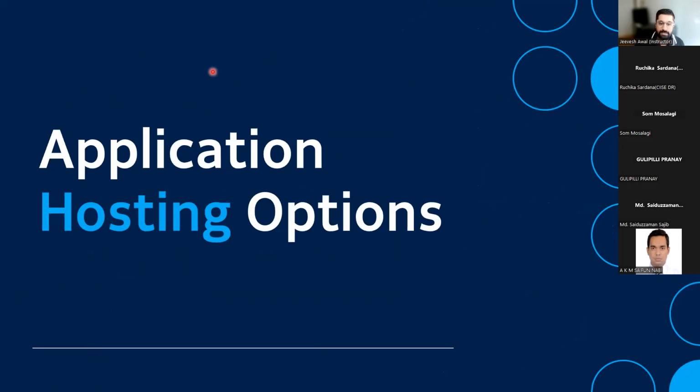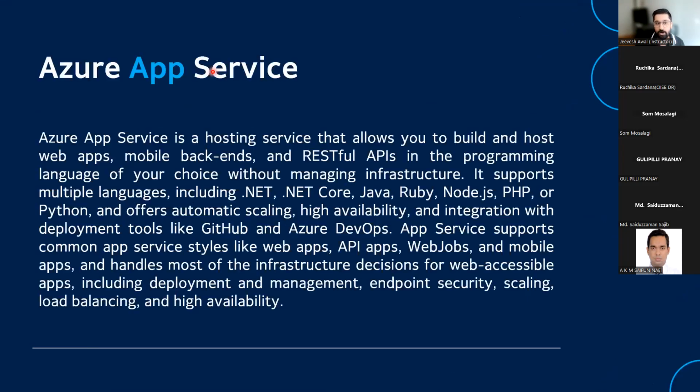Okay. Next is application hosting options. Let's say if you want to host an application, what are the options that you have? The first service we'll talk about is Azure App Service. Azure App Service is a hosting service that allows you to build and host web applications.